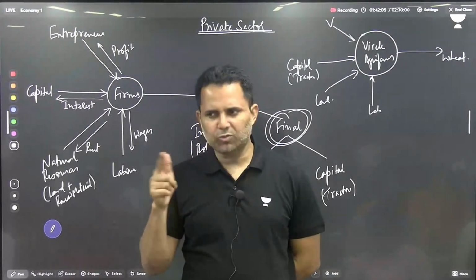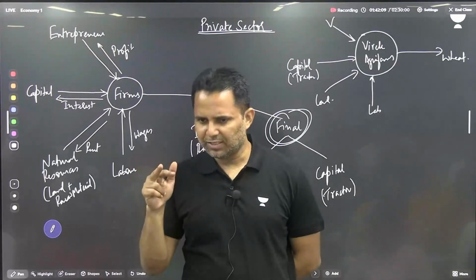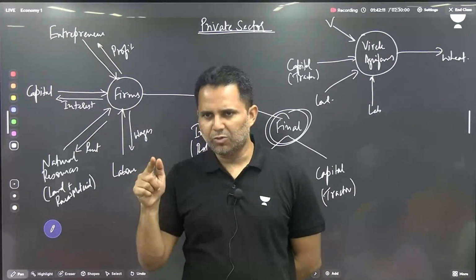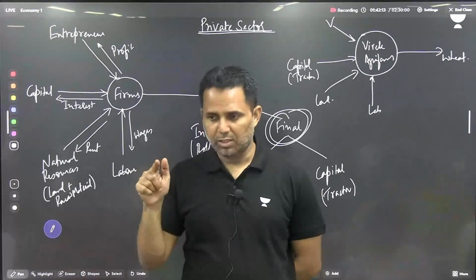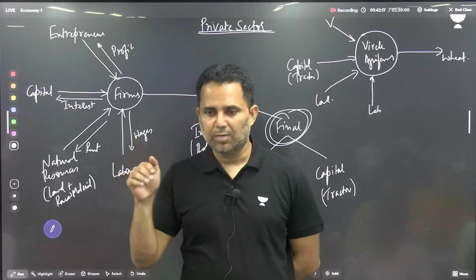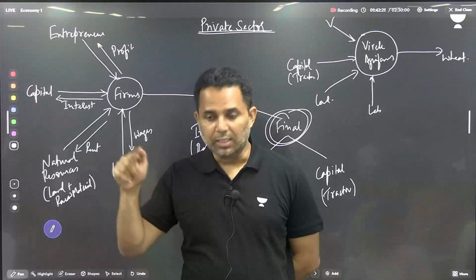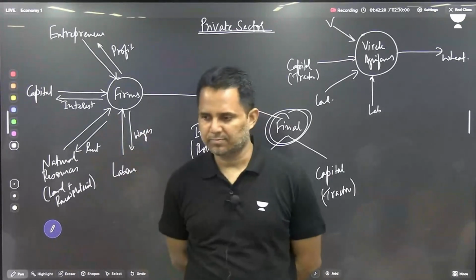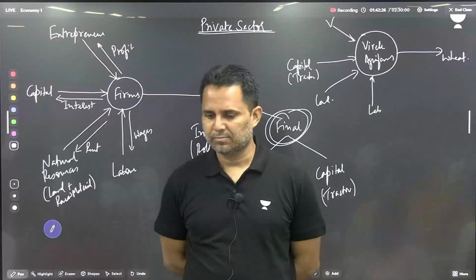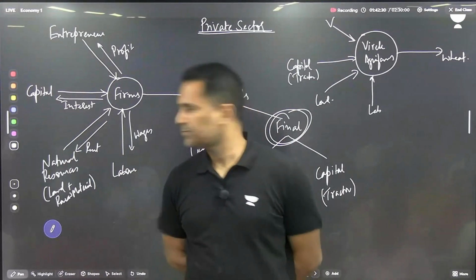Raw material is also used as an input. Intermediate goods are also used as an input. The difference is when capital goods are used as an input, they remain as they are. They don't change. But when raw materials or intermediate goods are used as an input, they get transformed. Understood? They get transformed.